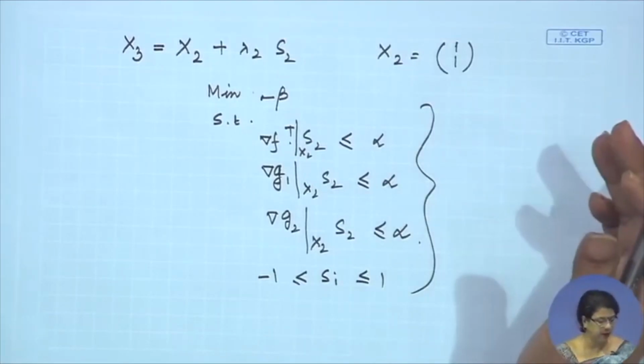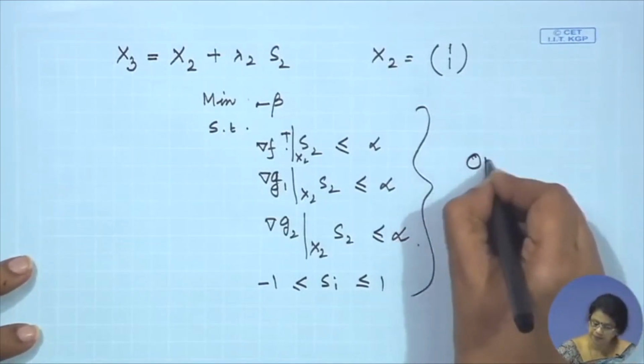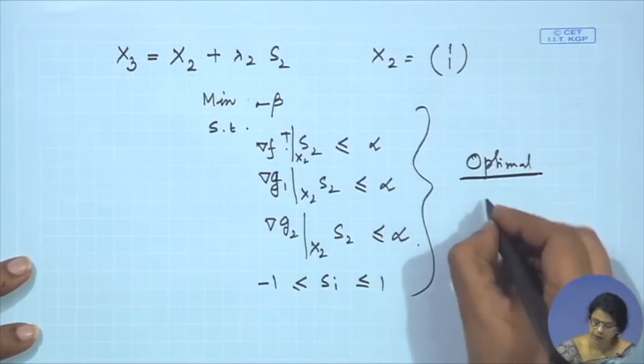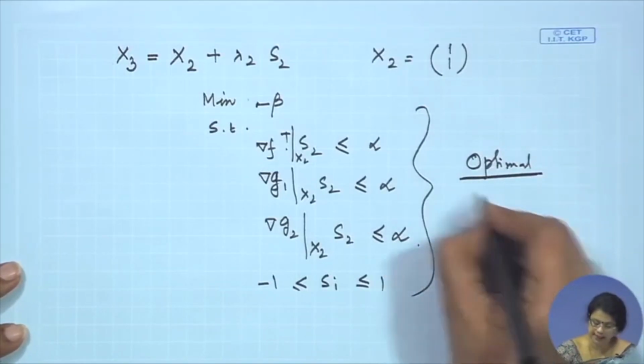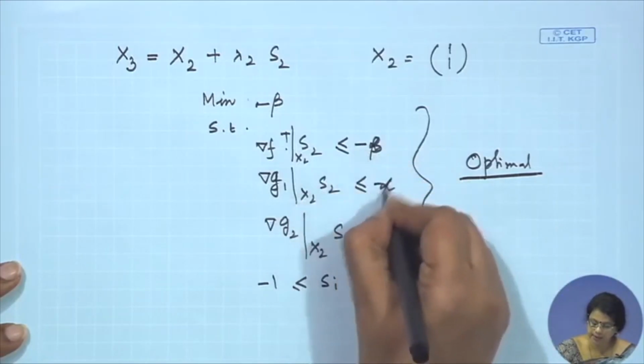Ultimately, you will get the optimal solution. Do not consider alpha, consider minus beta.